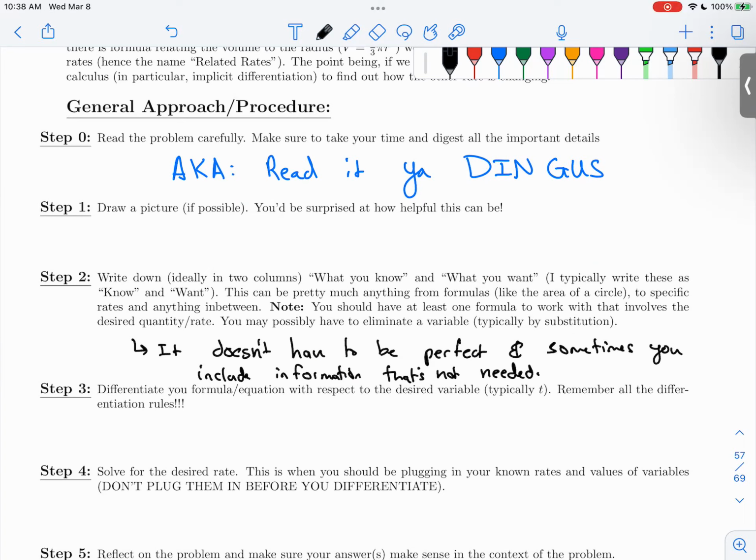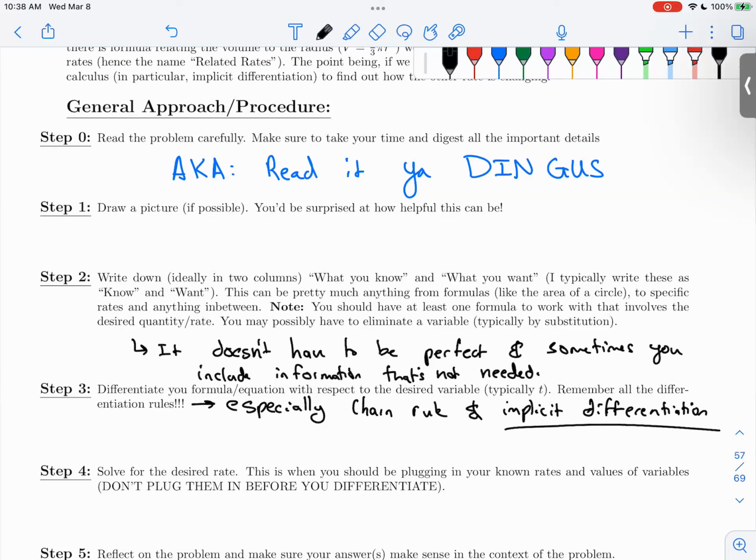But remember your differentiation rules and the chain rule, and implicit differentiation, especially, because all of your variables are going to be considered as functions typically of time.